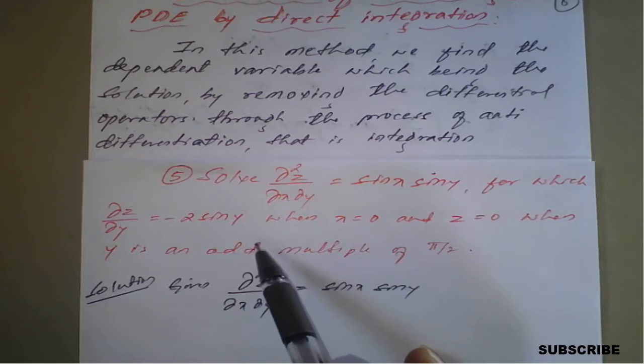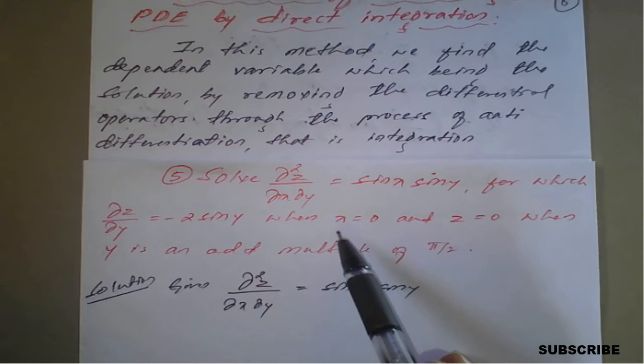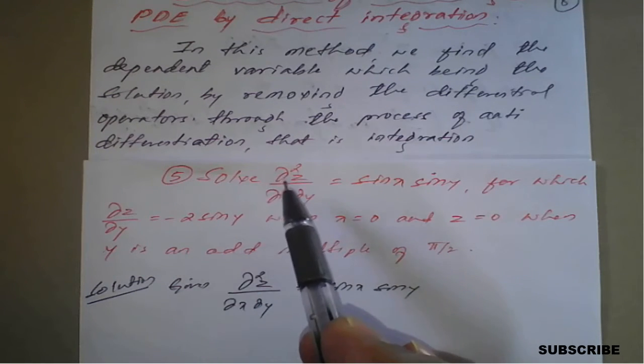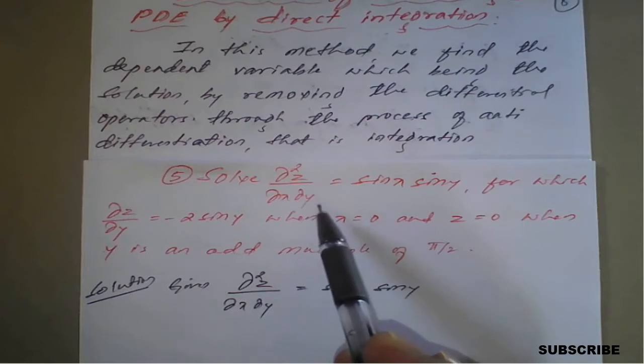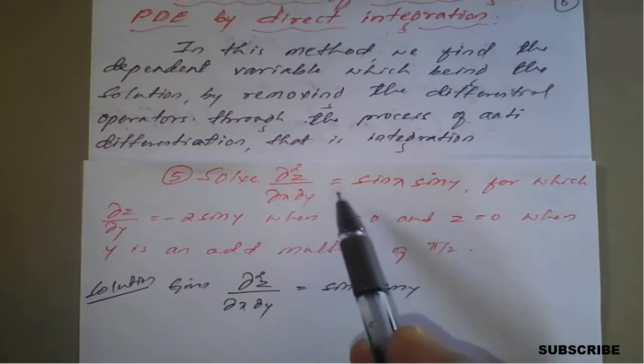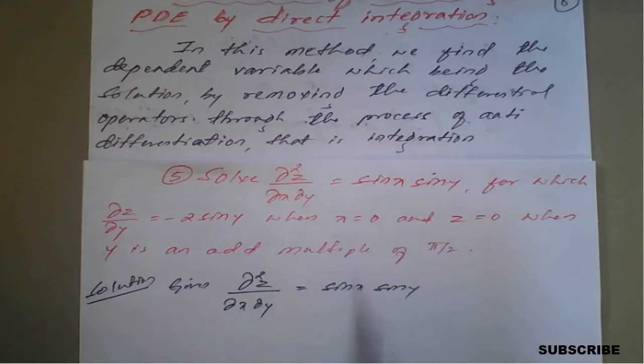So we have problems without conditions and with conditions. In today's class we'll see examples based on conditions and how to get the equation from the given partial differential equation by direct integration.